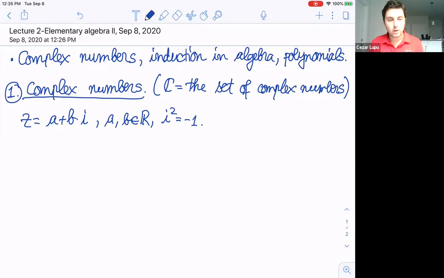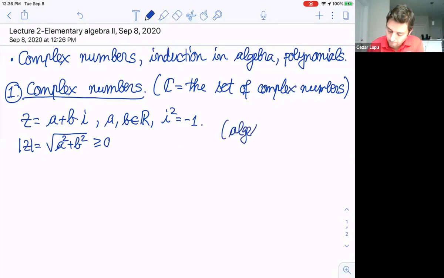All right, you can also, well, you can play around here and you can say that the absolute value of this will be nothing else than just a squared plus b squared, right? This will be a non-negative real number always. And of course, this is the algebraic form. Right?